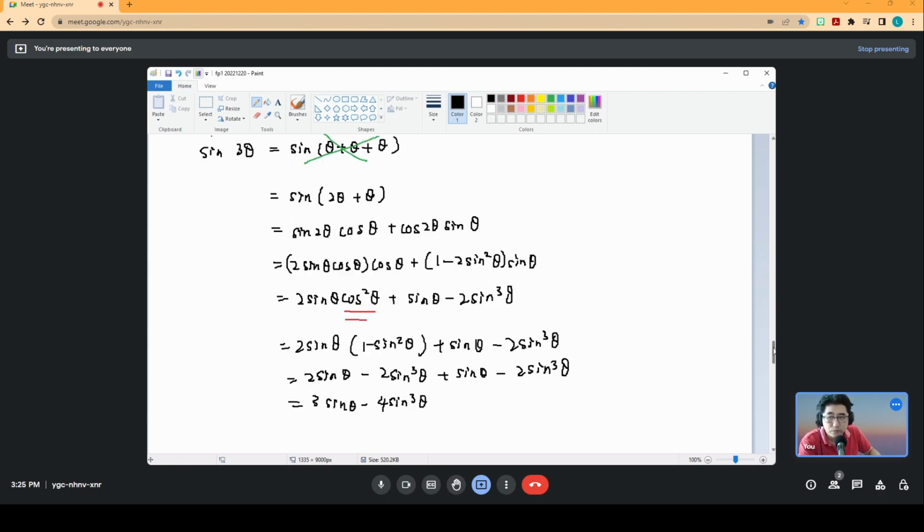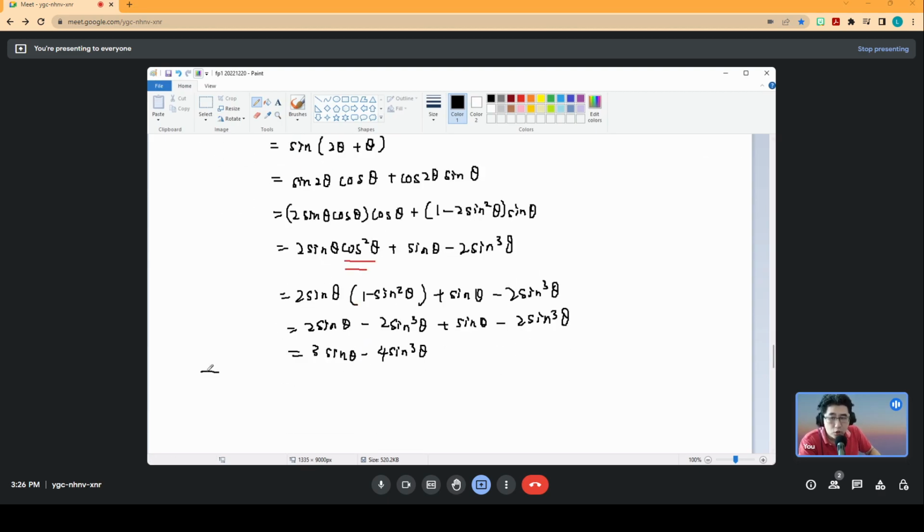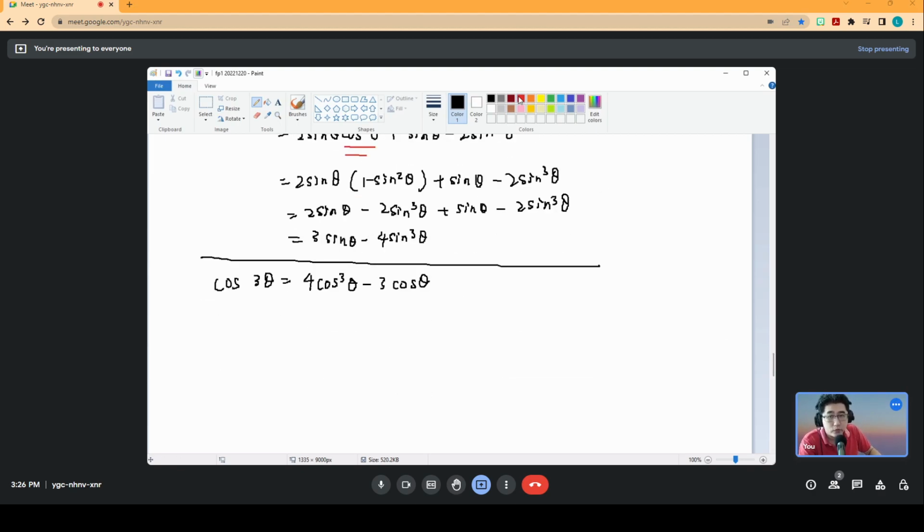Okay, the cos of 3 theta, I will leave it as an exercise for you. So you should get 4 cos cube theta minus 3 cos theta as your result. This one I leave as homework for you, so you can try it out.